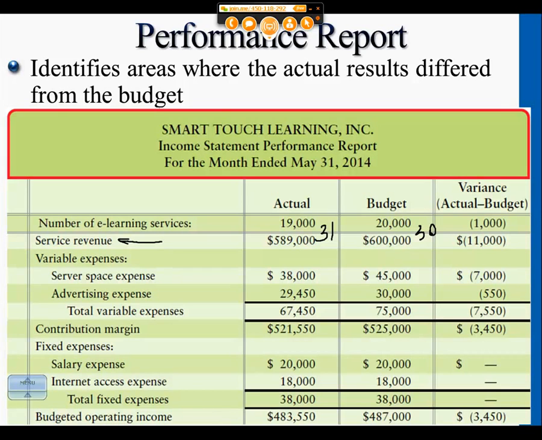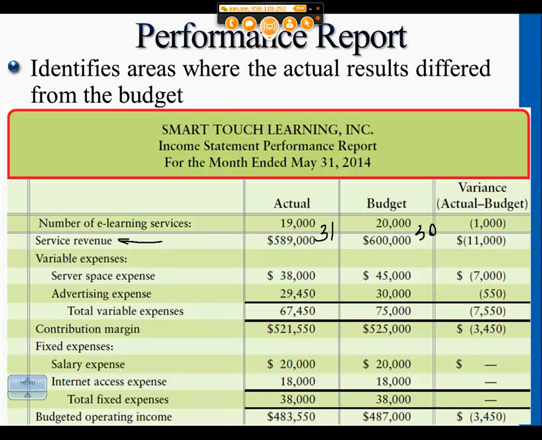So let's look, for example, advertising expenses. Look, we actually spent $550 less than we budgeted. Is it a good thing or not? Okay. Now, if you take your service revenue and your advertising expenses, the relationship is the same.